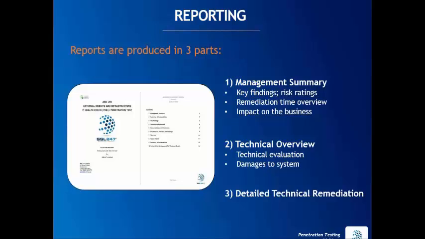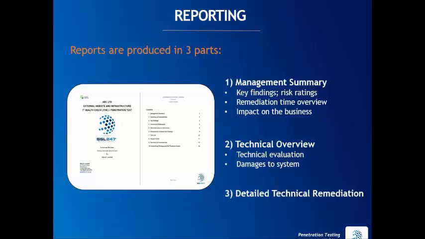The management summary. This is ideally for the board, senior management, who want to get an idea of the security posture of the business. So that will give a summary of key findings, the risk ratings that we found in vulnerabilities, the remediation time that we think it will take, and what we think the impact on the business will be.